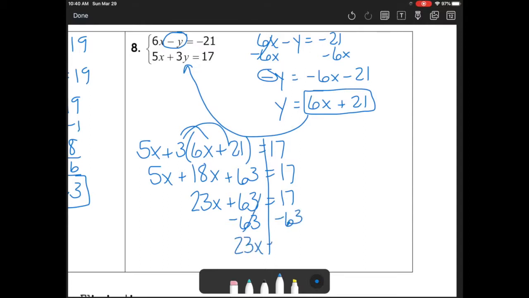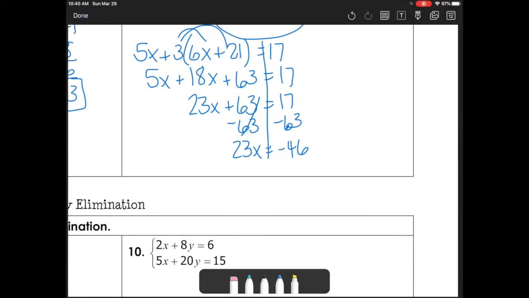Oh, -46. And when you divide, x is equal to -2.